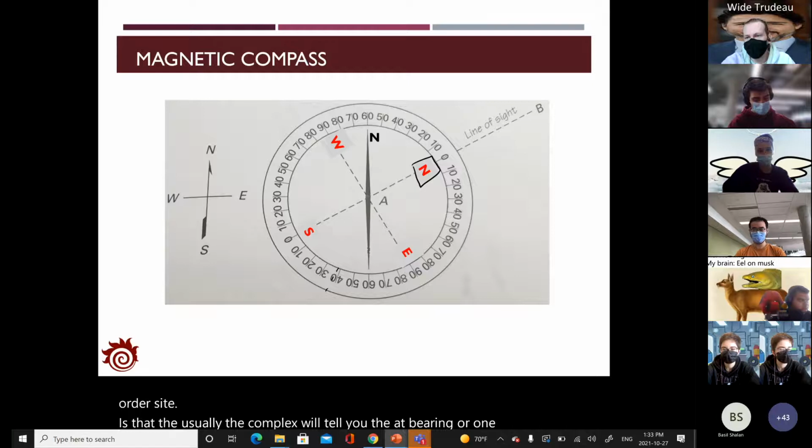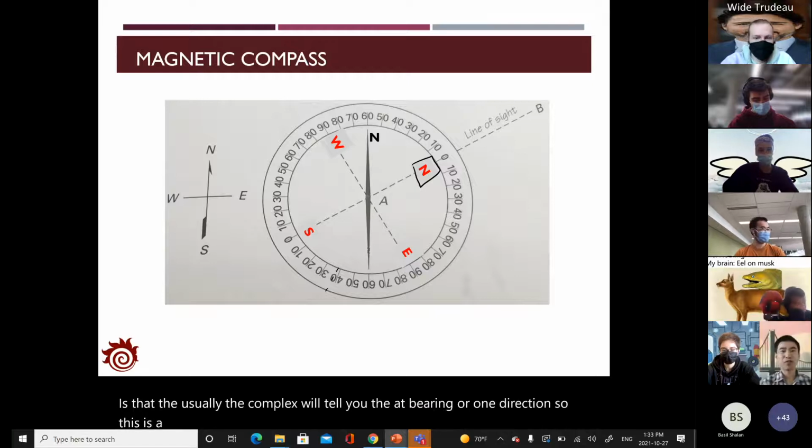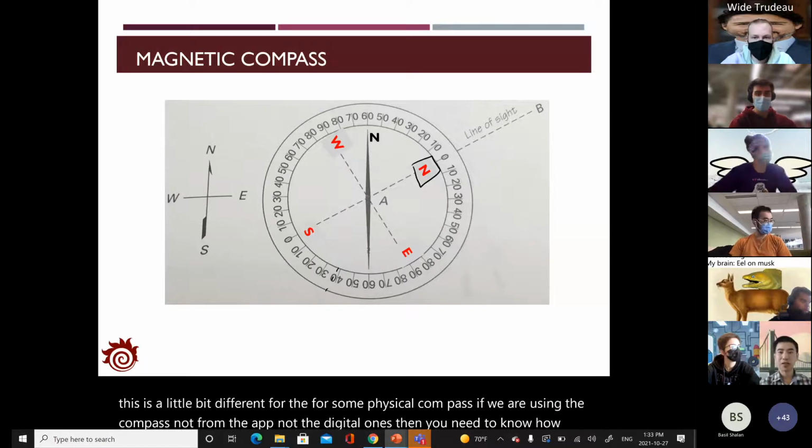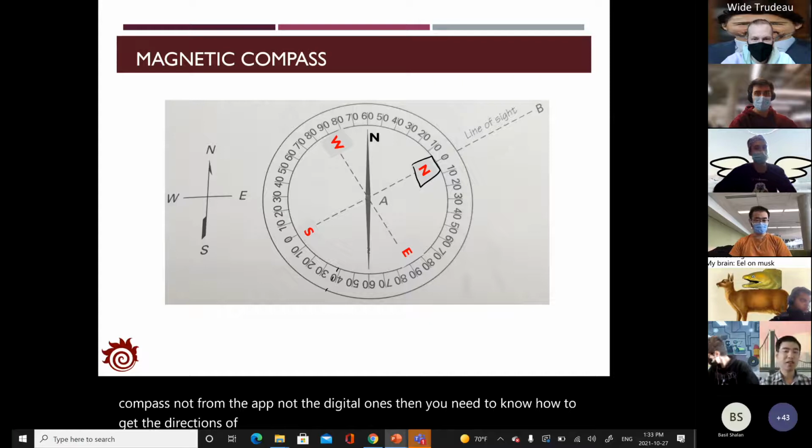This is a little bit different for some physical compasses. If we are using a compass, not from the app, not the digital ones, then you need to know how to get the direction of one line read from the compass.